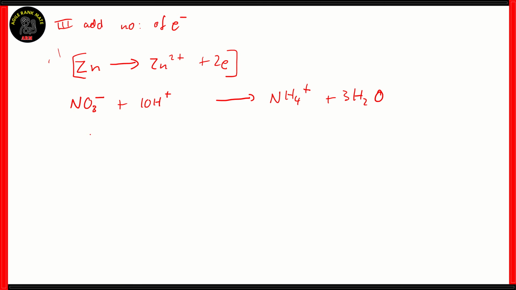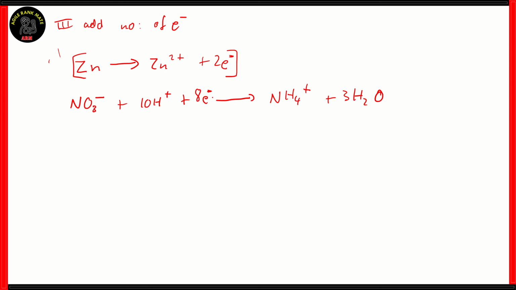So we have a total of 9 positive charges here. So if we add 8 electrons, we would still have a deficiency of 1 electron. So that will be represented by a +1 charge. So 8 electrons would be the correct amount of electrons to be added on the left-hand side.